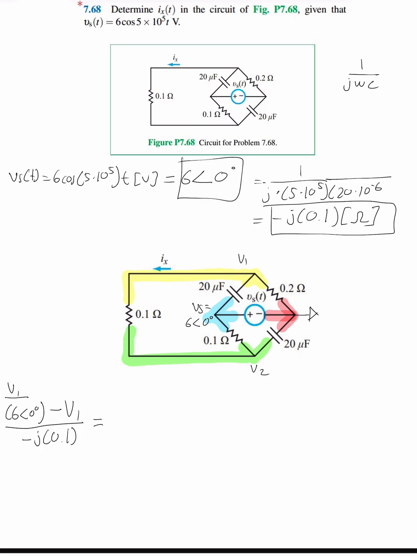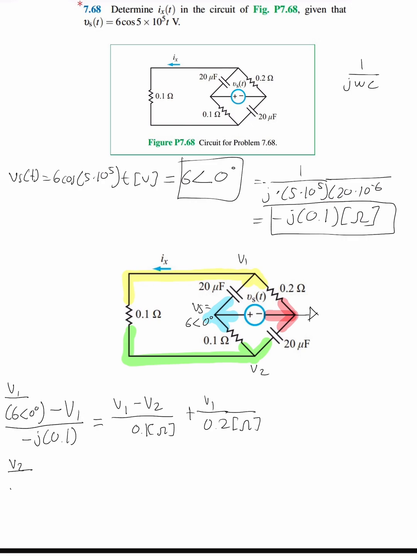It's going to be equal to V1 minus V2 over 0.1 ohms plus V1 over 0.2 ohms. Now we're going to do node 2.